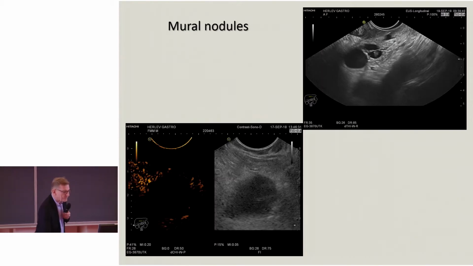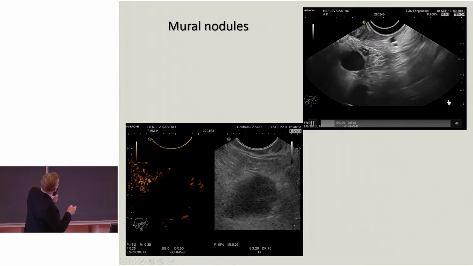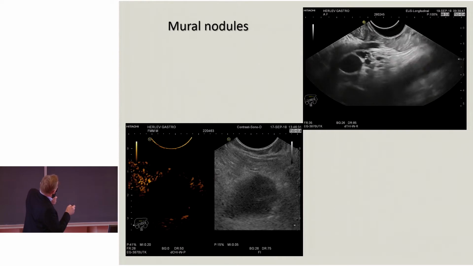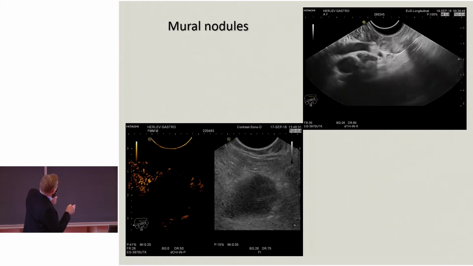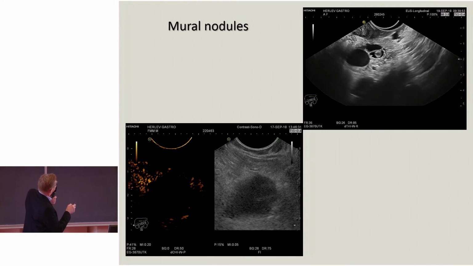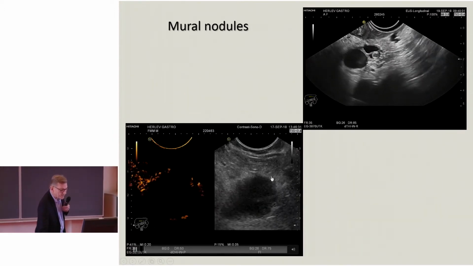This is just an example. If you look at this patient, here there's a mural nodule, and it's most likely a protein plaque. Here you see it, and the other. So what we do is contrast enhancement.